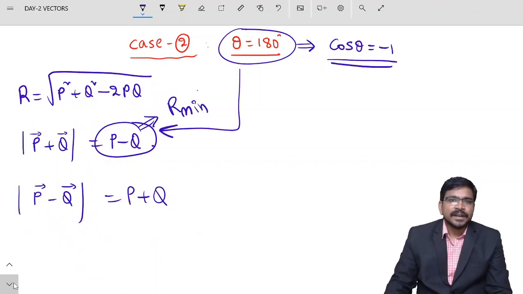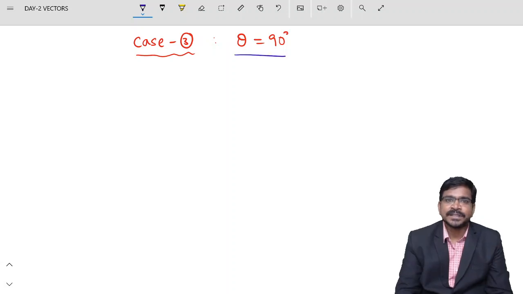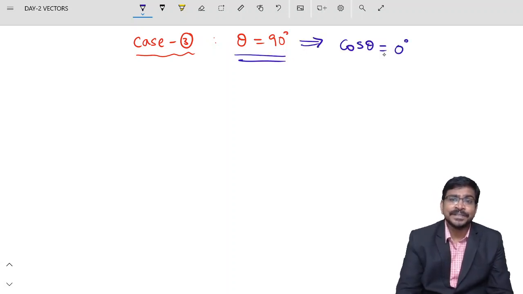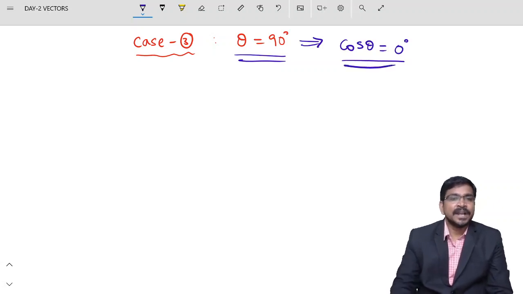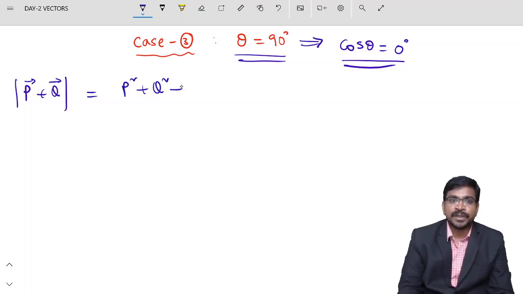Now, if theta is 90 degrees, what is cos theta? Cos theta is 0. In that case, the addition of two vectors magnitude is square root of P square plus Q square plus 2PQ cos theta.